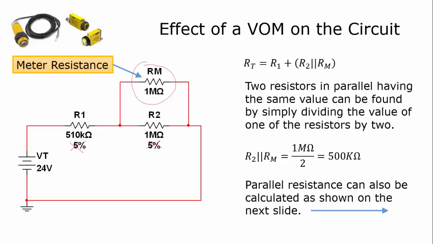Anytime you have two resistors in parallel, if they're the same value, to find the total resistance all I have to do is divide by 2. So R2 in parallel with our meter, 1 megaohm divided by 2, I am now at 500 kilohms.